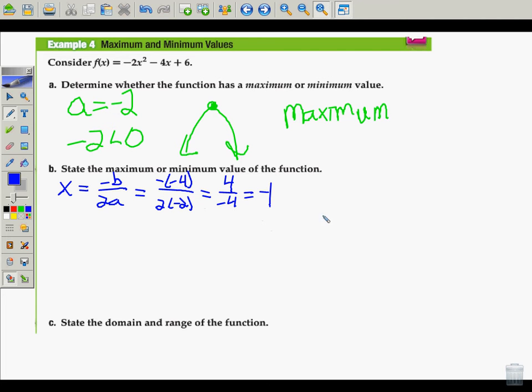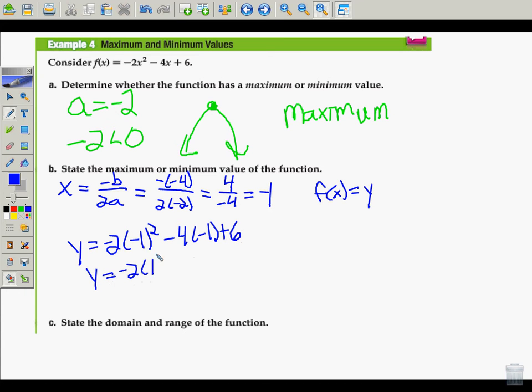And so I'm going to plug that in to my equation. So I would get f of x, or remember, instead of writing f of x, you could say y. So I'm just going to say y equals -2 times -1 squared minus 4 times -1 plus 6. Y equals -2, -1 squared is 1. -4 times -1 is +4 plus 6.